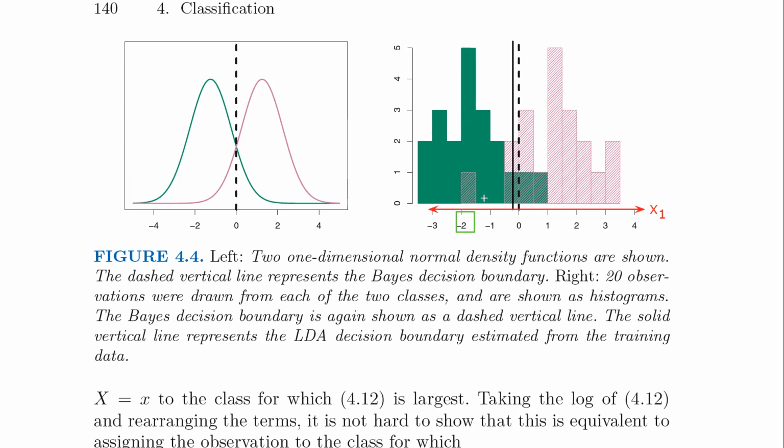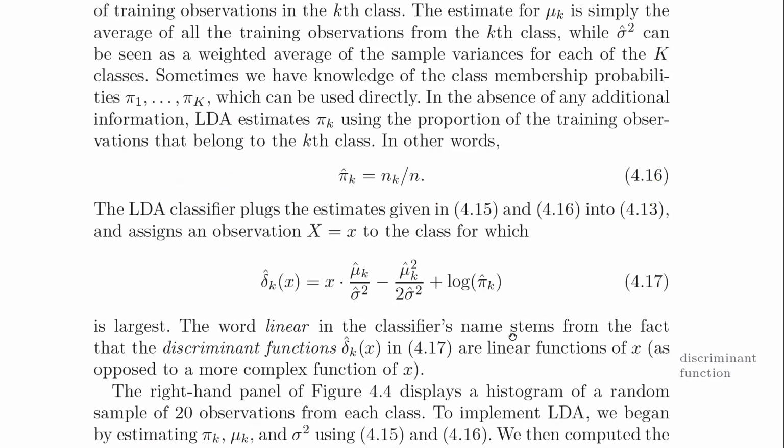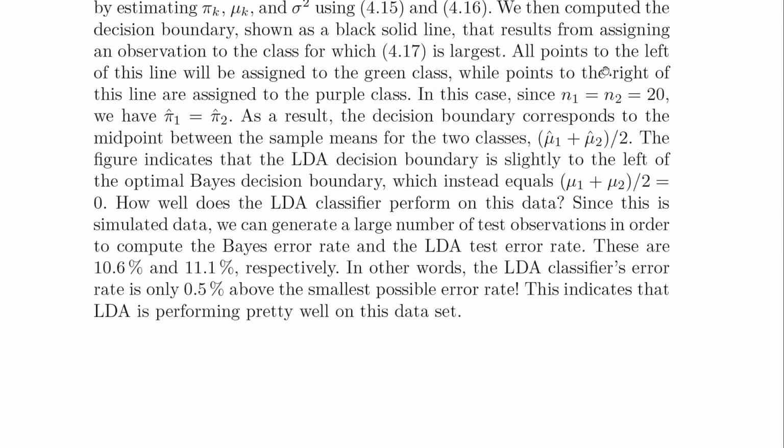The higher the predictive power of the model is, the fewer incorrect classifications you will have. All points to the left of this line will be assigned to green.